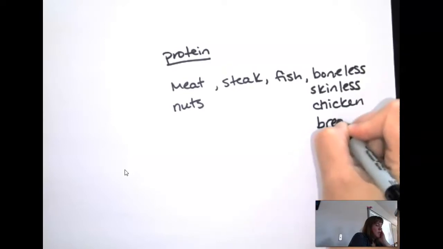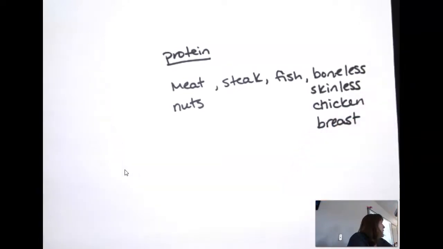Why would I use a boneless, skinless chicken breast? Because the skin is not meat. It's not protein directly. If I have the skin, it would be really fatty, so people might think it's a lipid.